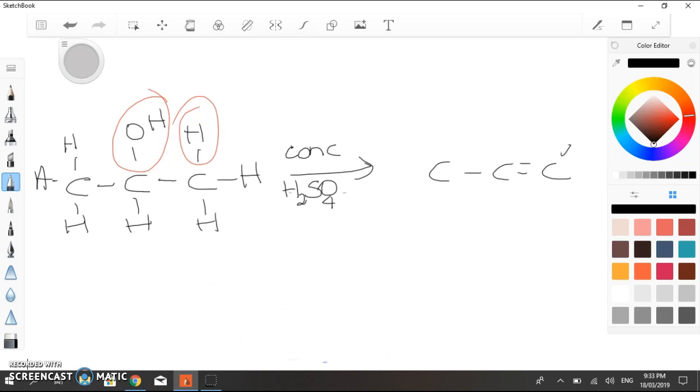So now we just have our 2 hydrogens here, 1 on the middle one here, and then the 3 on the end carbon. And there we have our elimination reaction. It doesn't really matter how complicated your alcohol is, it's going to follow exactly the same process.